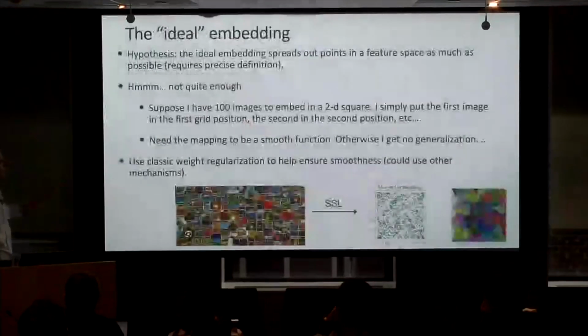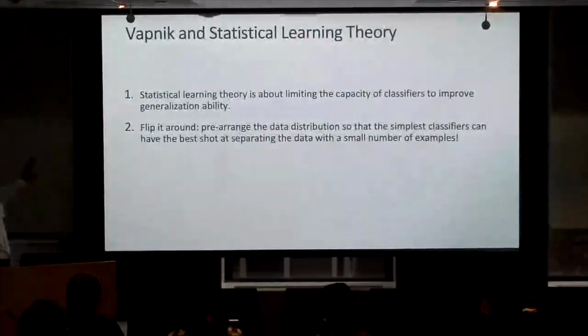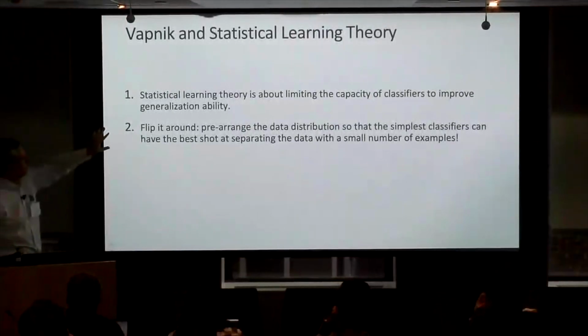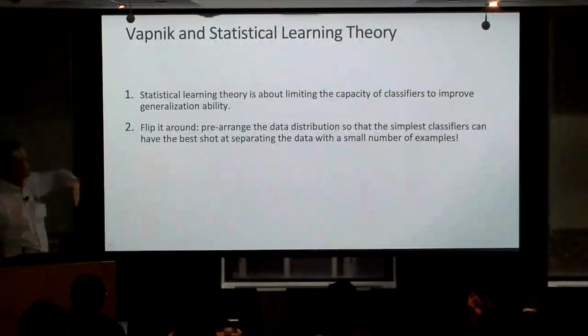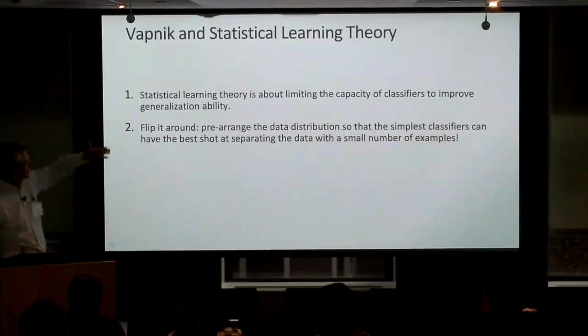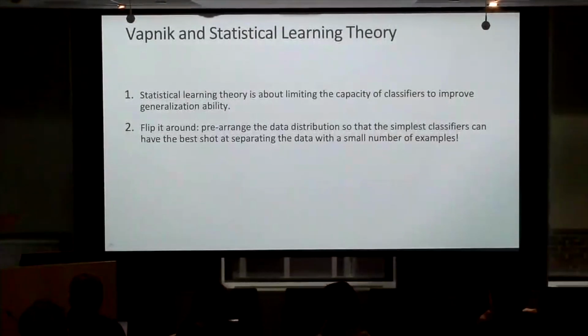So here I want to throw out another idea. I'll go back in a second, which is I want to try to draw a connection here between statistical learning theory and what we're doing with embeddings. Statistical learning theory is about limiting the capacity of classifiers to improve generalization ability.